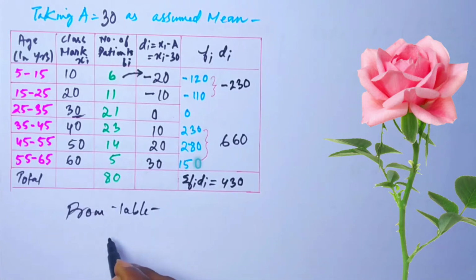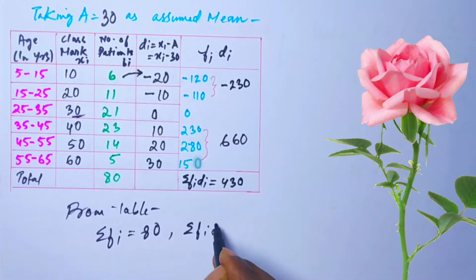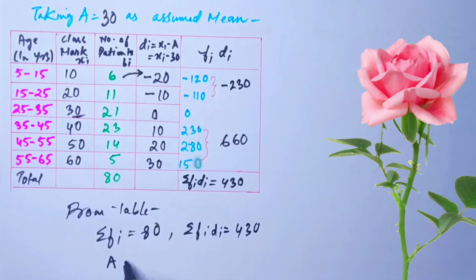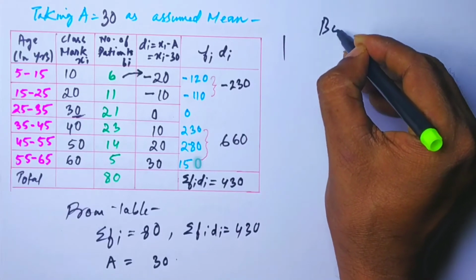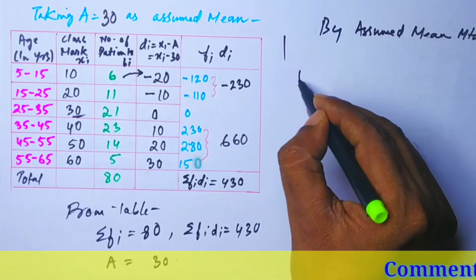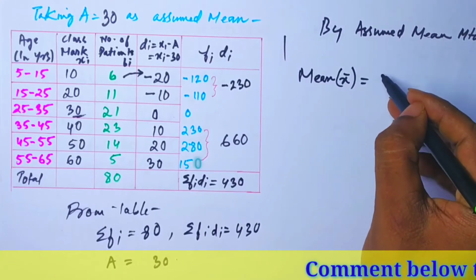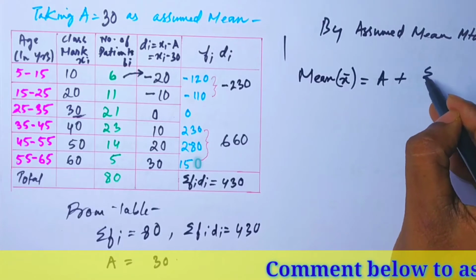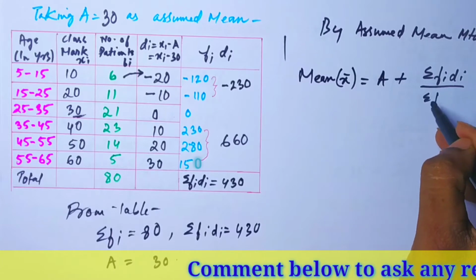So from the table we have summation fi equal to 80. This one, summation fi di, is 430. The value of a we have as 30. So by the assumed mean method, we have the mean formula as a plus summation fi di by summation fi.